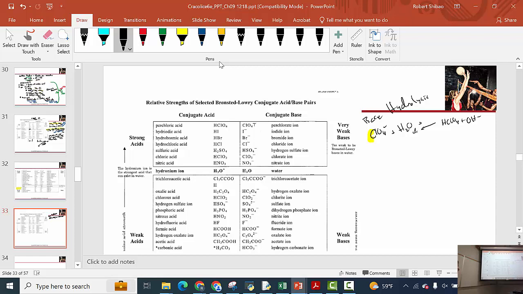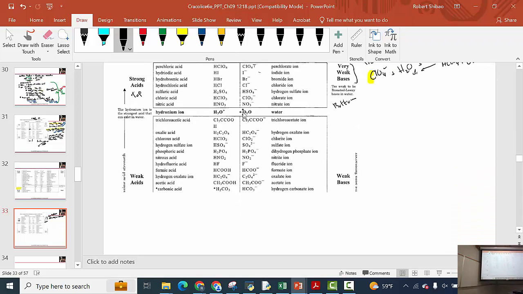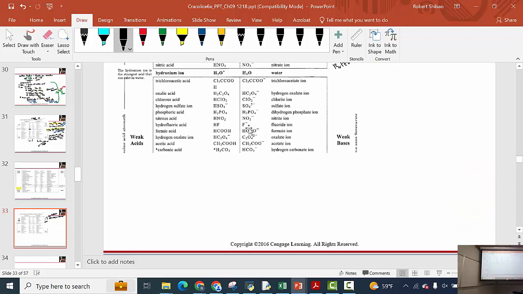So the bottom of the hill is here. The very weak bases, these will be at the bottom of the hill. On the acids, this is the top of the hill. And so these are all the top acids here. But where are the top bases? The top bases are on the opposite end of the chart. Here.